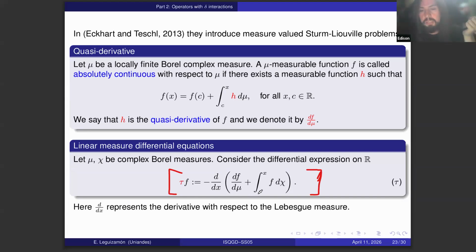If we define the quasi-derivative here, meaning the derivative with respect to mu, we can put the delta interactions in the differential expression. So with these, they develop all the Sturm Liouville theory with these measure coefficient values.